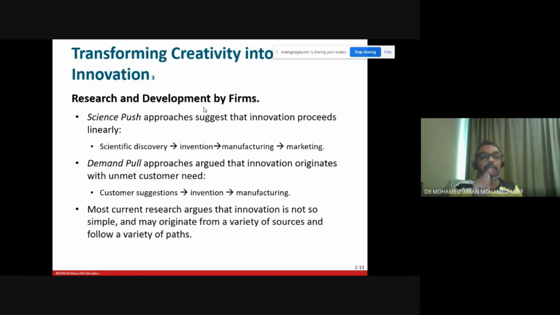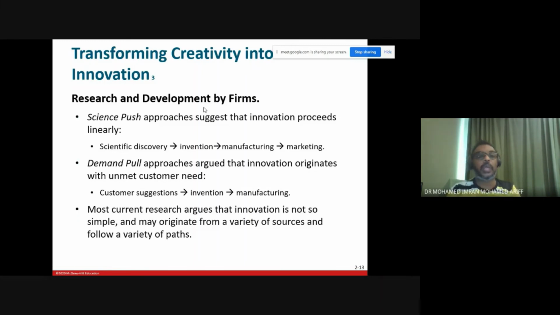Some use the demand pull. This is like Steve Jobs. They ask the customers, what do you want? Customer suggestion, they come up with invention, and they manufacture it. Okay, so most current research argues that innovation is not so simple and may originate from various sources and follow a variety of paths.